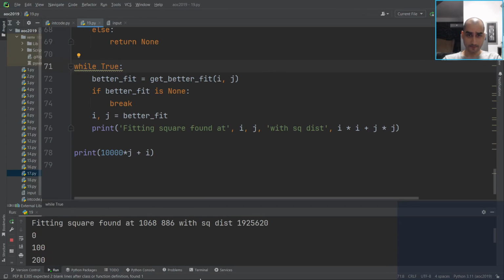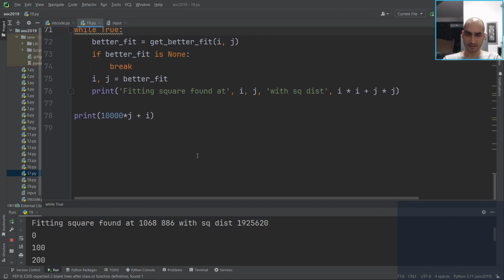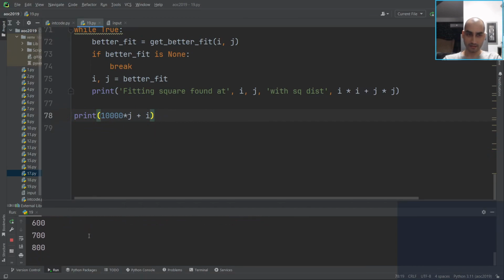They're saying that what we submitted here was too high, which means there is a better... Well, it doesn't mean anything because it's saying that the 10,000 times j plus i is too high. But we know that the square distance is probably too high because we know that this particular square does fit.